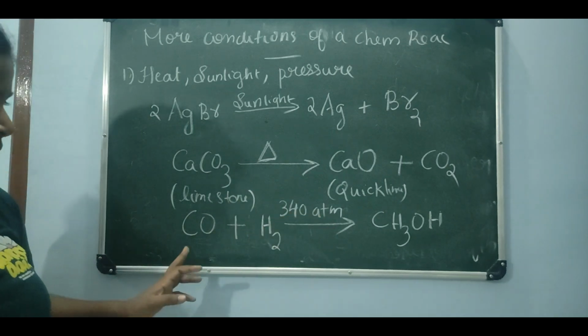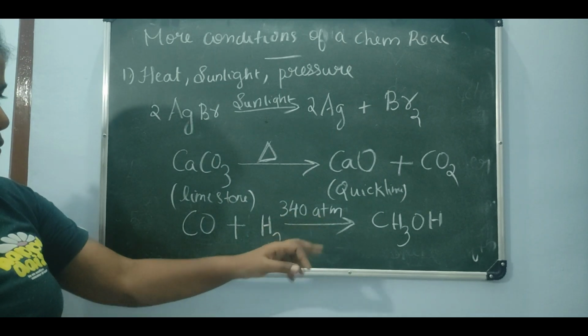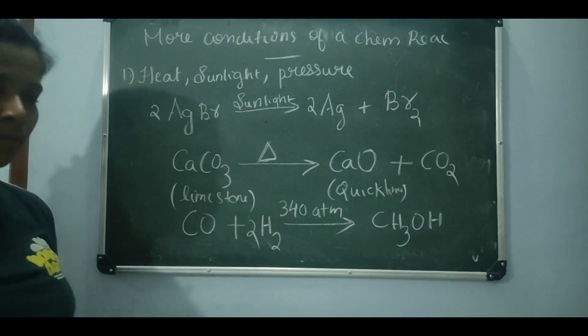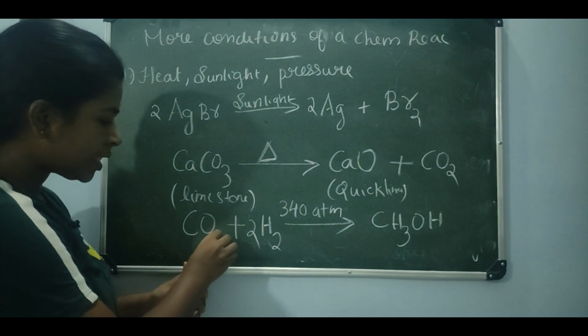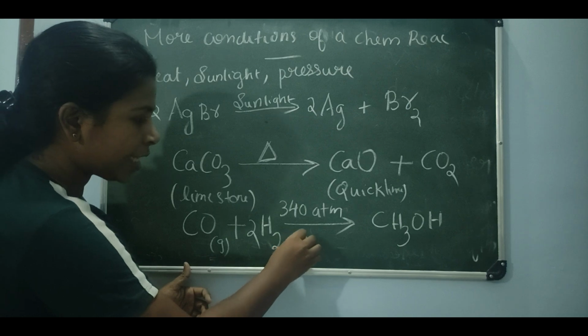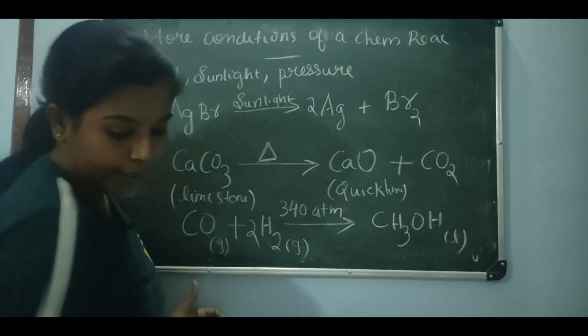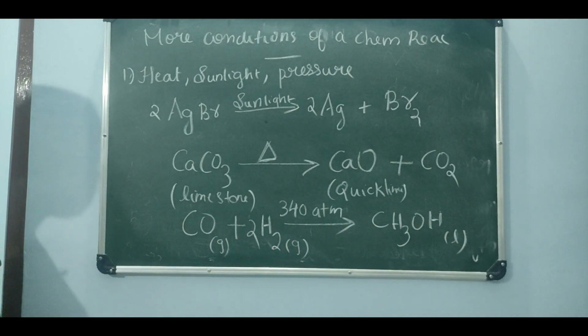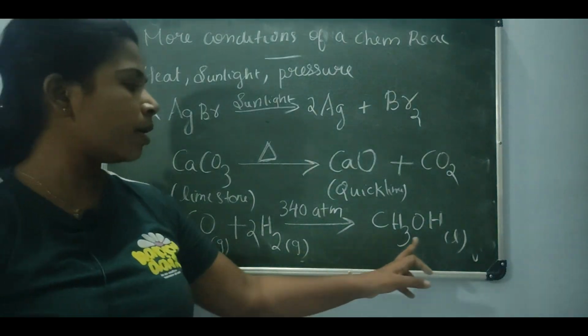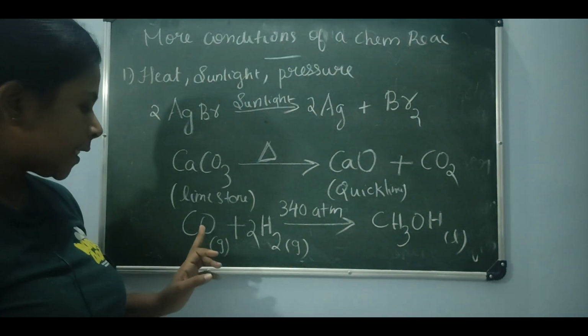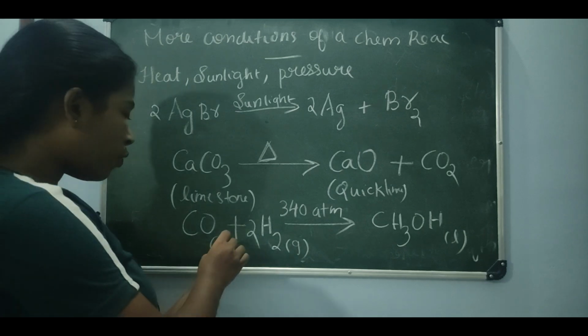Now let's balance. How to balance? H2, 4 is there, so 2. Carbon monoxide is a gas. Methanol is a liquid. See, this is also a method. I will teach you. See, why did I put G over here?